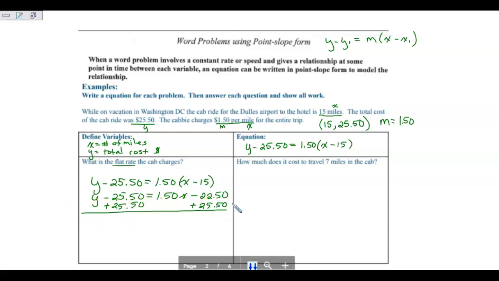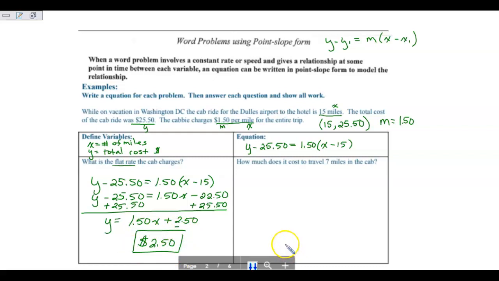That gives me y equals $1.50x plus $2.50. So what is the flat rate? So how much are they charging just to get in the taxi cab and for them to turn on the time? You're right, it is the $2.50. So $2.50 is the initial cost for the taxi drive.